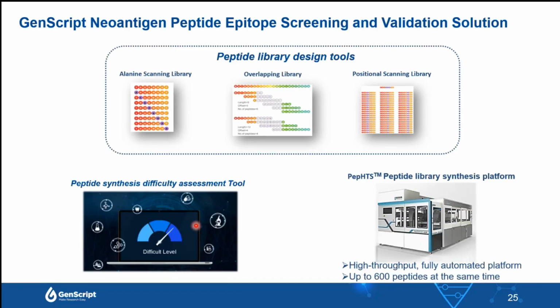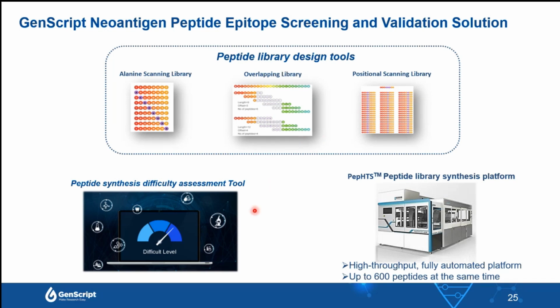And GenScript is providing you the total solutions for neoantigen peptide screening and validation. First, we have the peptide library design tools. There are different kinds of libraries, and there's an online design tool you can use to design your peptides.